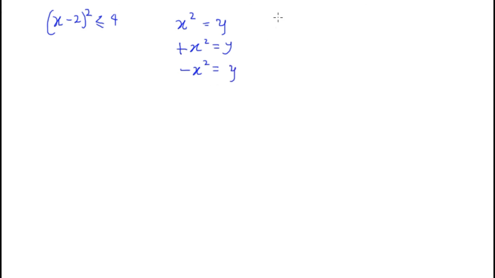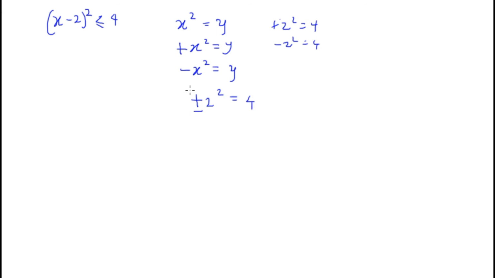Like say plus 2 squared is 4, the same thing minus 2 squared is also 4. That means plus or minus 2, if you square that value, you will have the same value 4.